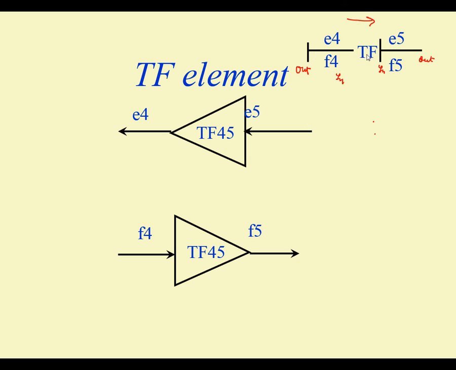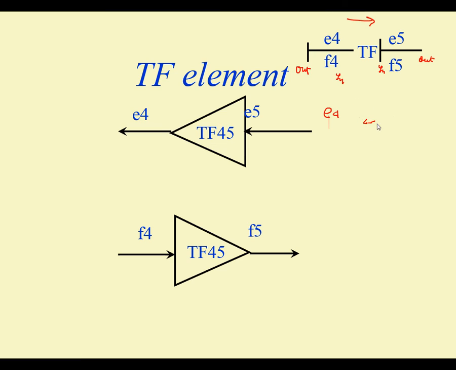So what happens is you read from here to here that E4 times this modulus, E4 times the constant here, is equal to E5. But this is not the way it's written.